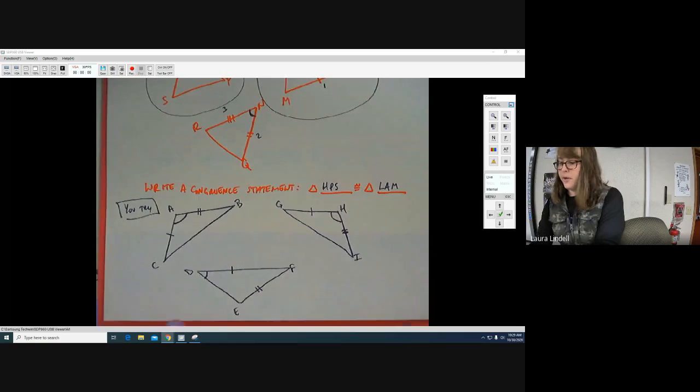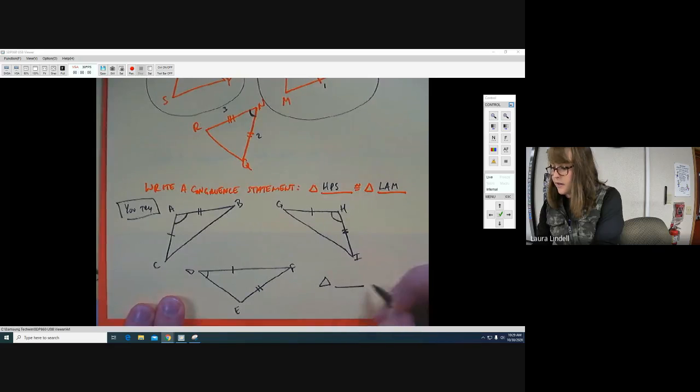Okay. So pick two that you think are congruent, and then write a congruent statement that goes with them.